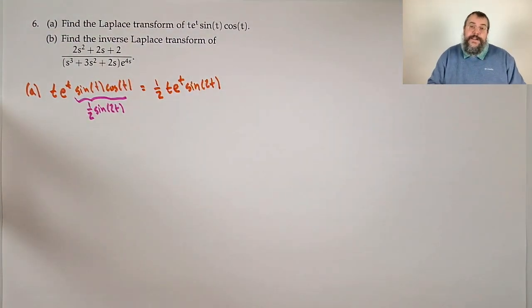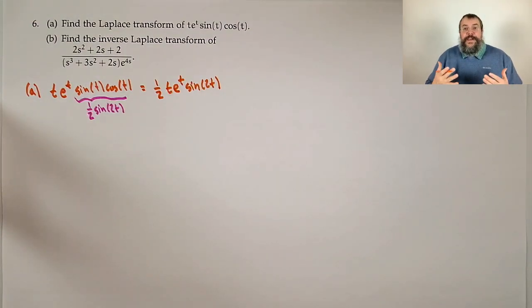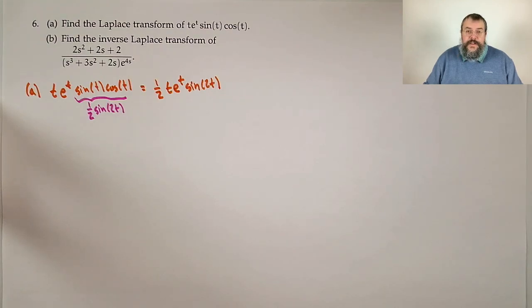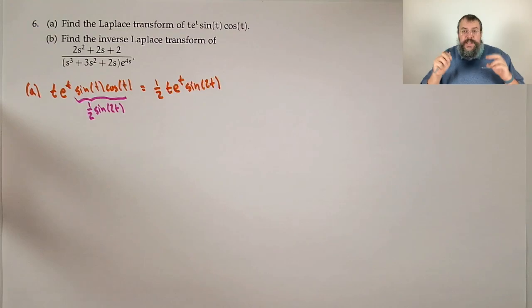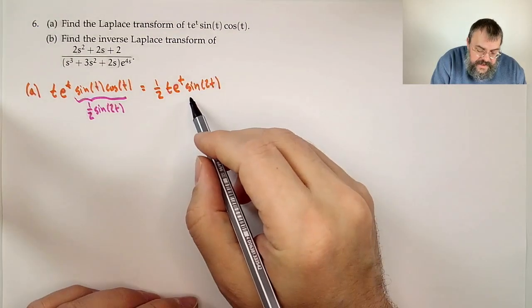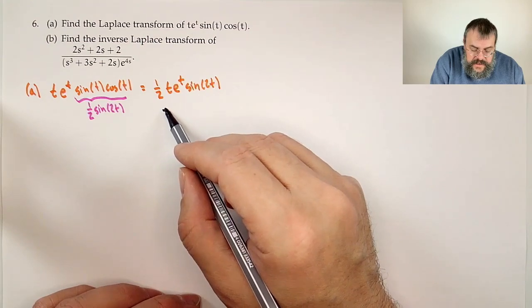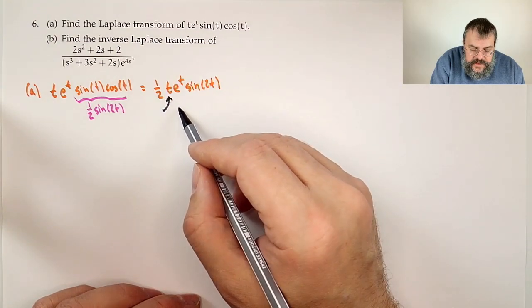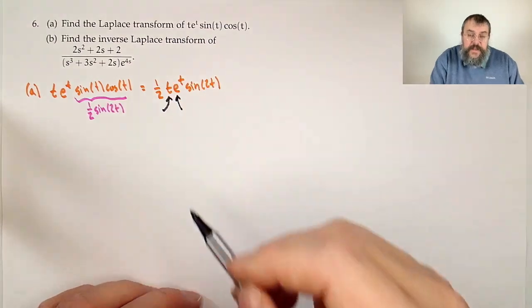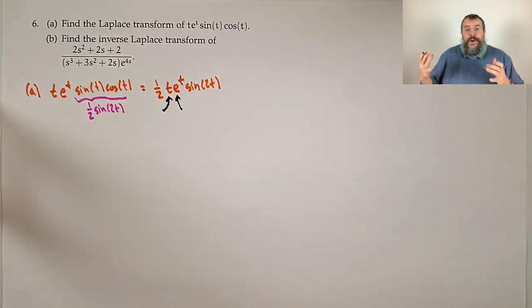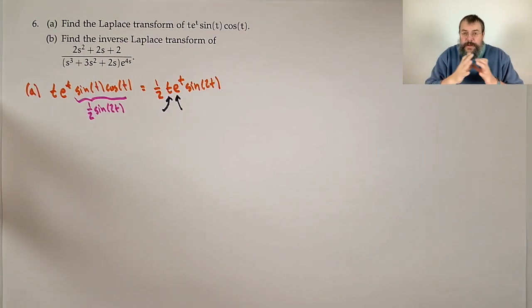Now, here comes the interesting thing. How do we go about deciding how to take this Laplace transform? There are kind of 3 things involved. Sine, we know how to handle that. But there's this t that comes into play, and this e to the t. Now the thing is, t's and e to the t's are actually easy to handle by their own.